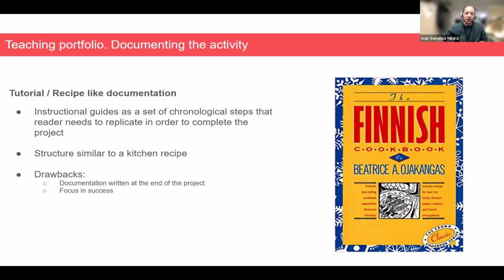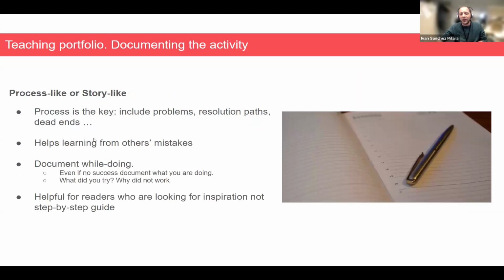So it's not focusing on the success: I did this, I did this, I did this, and then the students succeeded. But it's more a comment about the process, or story-like. When you describe the activities that the kids did, where did they fail, or how it can be improved. So the idea is to help others learn from your own mistakes.